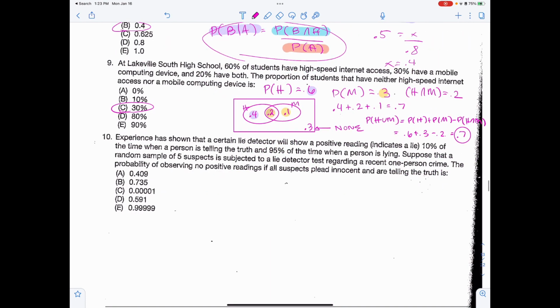Experience has shown that a certain lie detector test will show a positive reading 10% of the time. So positive reading, 0.1, when a person is telling the truth. So positive given truth.